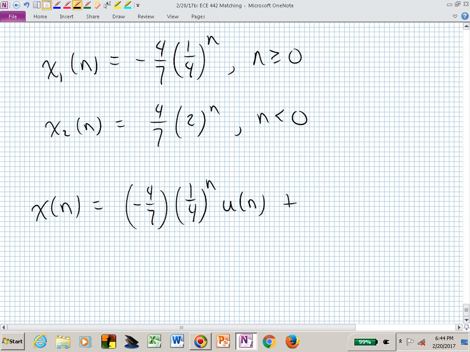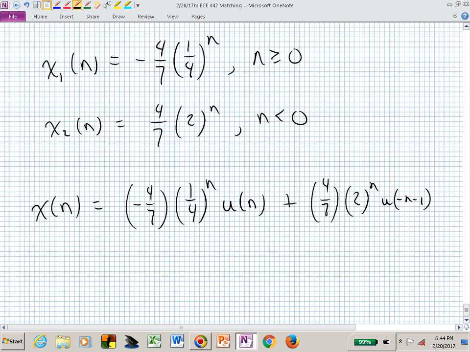Non-negative values. When n is 0, that kicks on, does it not? And then we have this other piece, which is 4 over 7, 2 to the n, u of minus n minus 1. Where in the world did that come from?